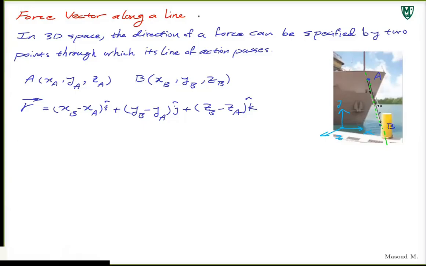And this is the vector R, the position vector R from A to B. It's going from A to B, so XB minus XA, YB minus YA.